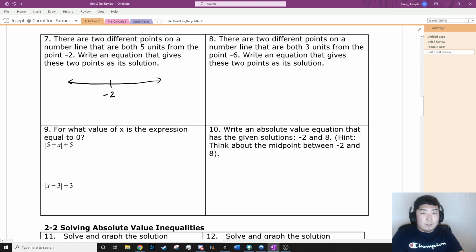If I count 5 units to the positive side, this is +3, right? And 3 is equal to x. On this side, we would go 5 towards the negative direction, so this would be -7. This is also equal to x.